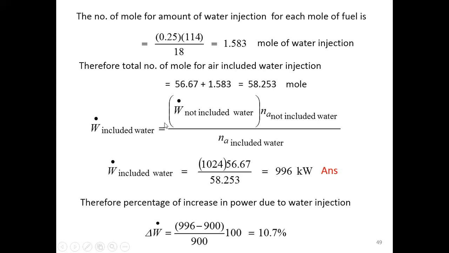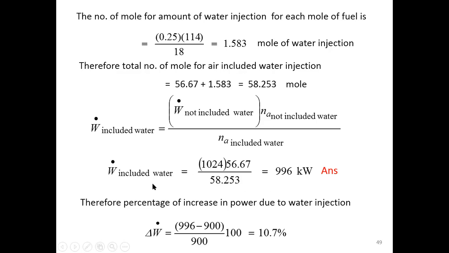So come back to our equation. The power that does not include the water even though we inject the water, times the number of moles of air when we do not consider the water that we inject, divided by the number of moles of air when we include the water in our injection.